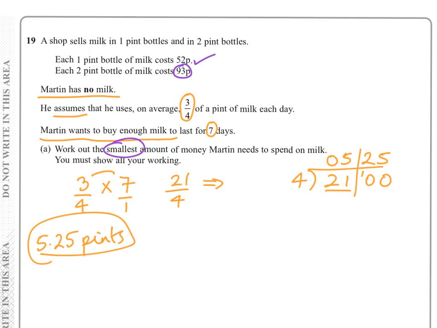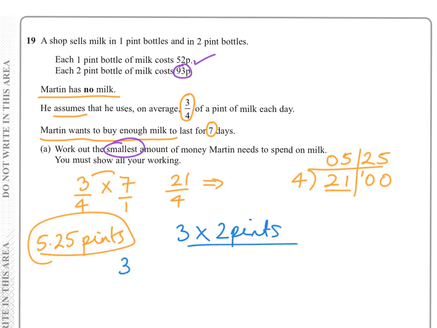So if we want 5.25 pints, then what I would do is this. I'd definitely have to get the 5, and I'd have to buy a little bit more because on average I'd have 5.25 pints. So I would do 3 lots of the 2-pint bottle.